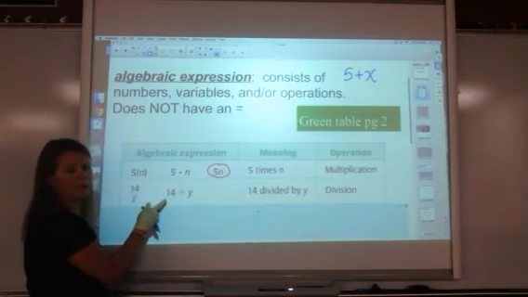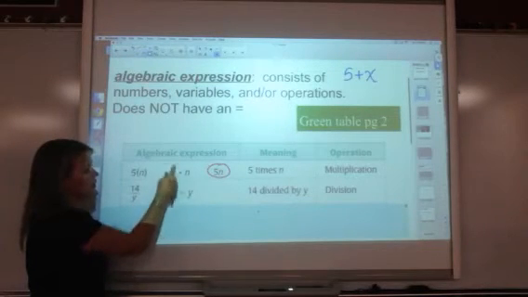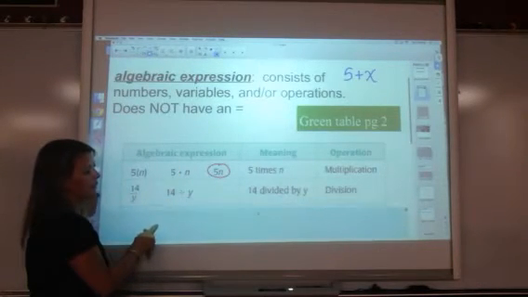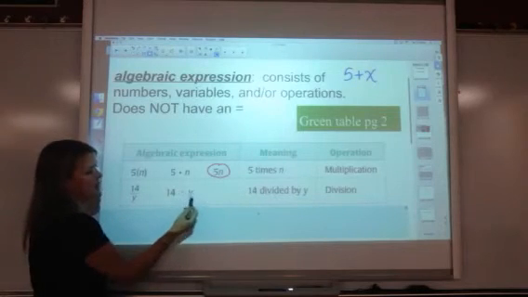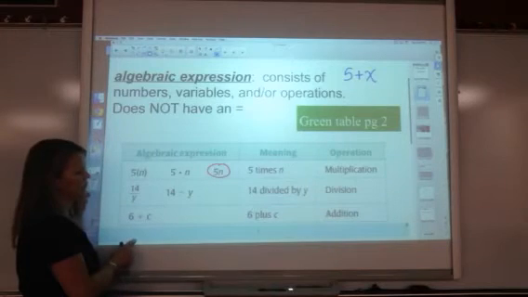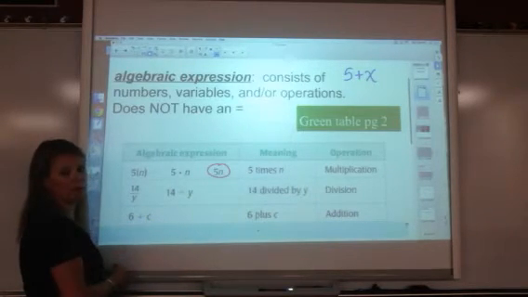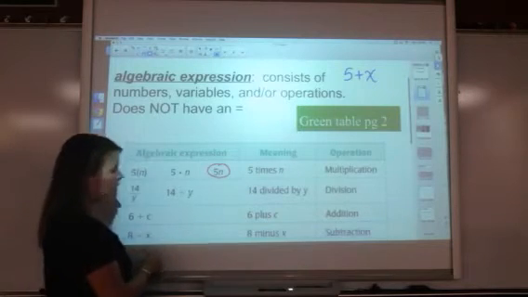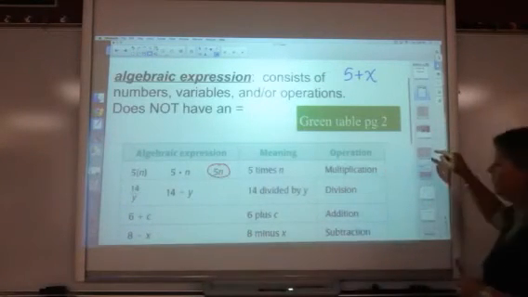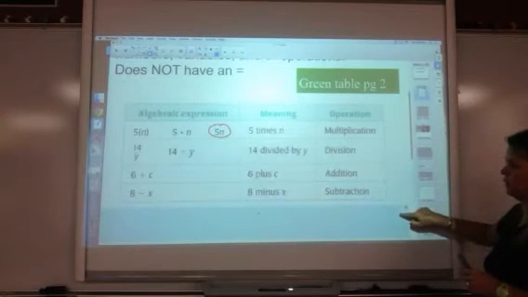These are both mathematically correct representations of an algebraic expression. It says 14 divided by y, and obviously represents division. 6 plus c is 6 plus c, addition. And our last one, 8 minus x, you just say it as 8 minus x, which is subtraction.